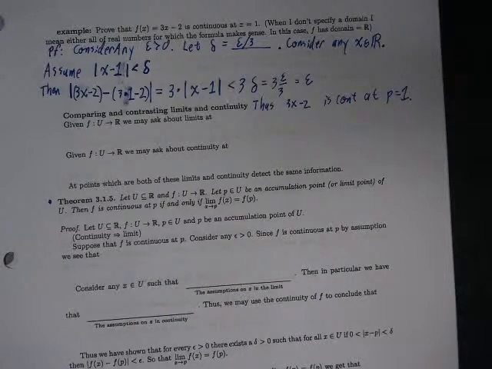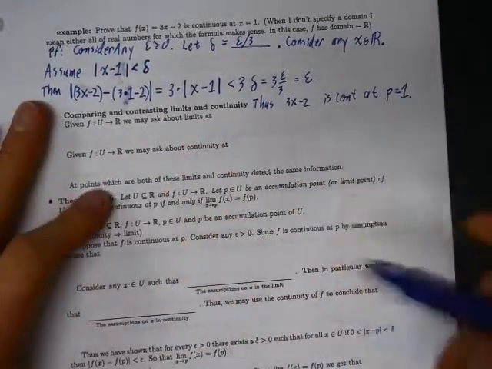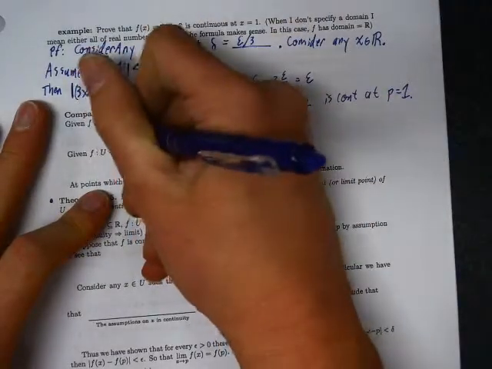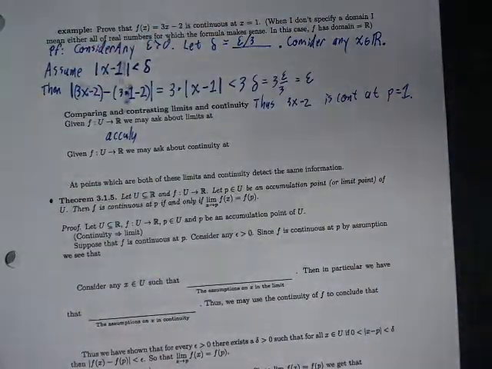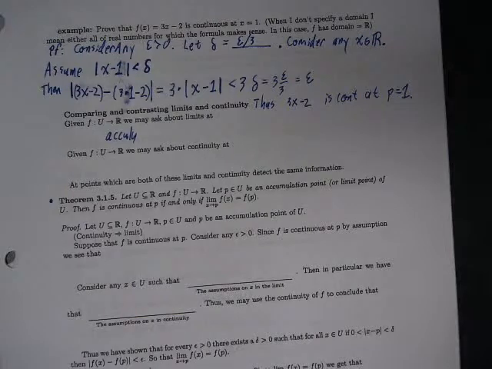Otherwise, you're going to have trouble figuring out what the limit is. But as long as you do that, we're okay. So the only place you should talk about limits is at accumulation points. I'm going to try to stick with one word, accumulation point or limit point, throughout the notes.